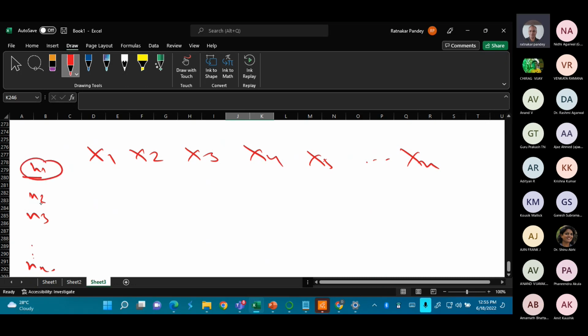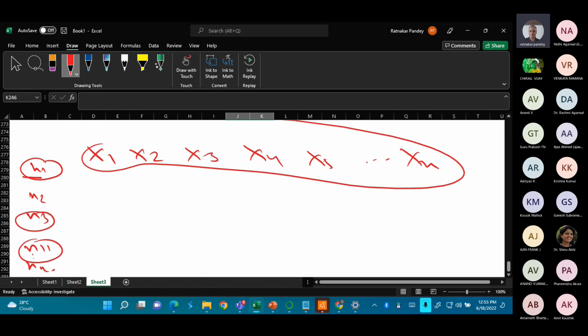So you can say n1, n3, and n11, and so on and so forth have similar x1, x2, x3, xn. So they should belong to one cluster. Similarly, some other rows will belong to another cluster. That's what the whole clustering algorithm is. So these observations will be grouped together based on these features, and the features define what is similar.